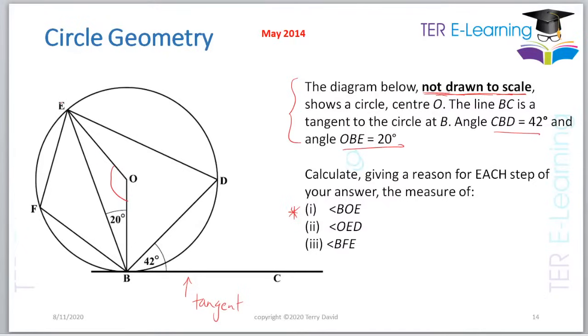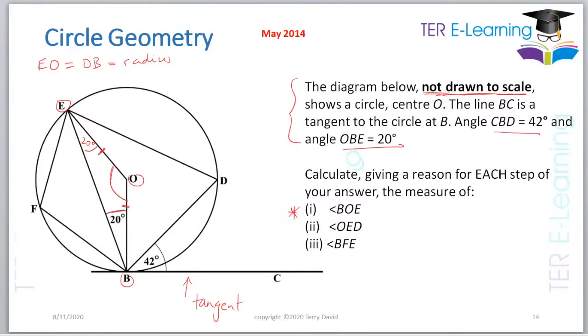So EO is equal to OB, which is the radius of the circle. This length here and this length here are the same, so that triangle is an isosceles triangle. If this here is 20 degrees, this angle here is also 20 degrees.